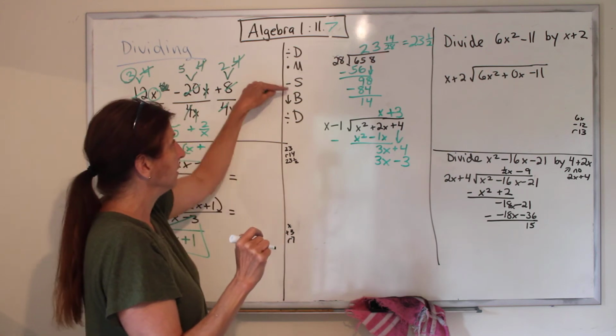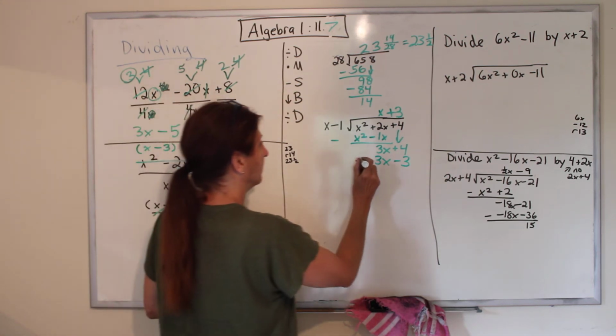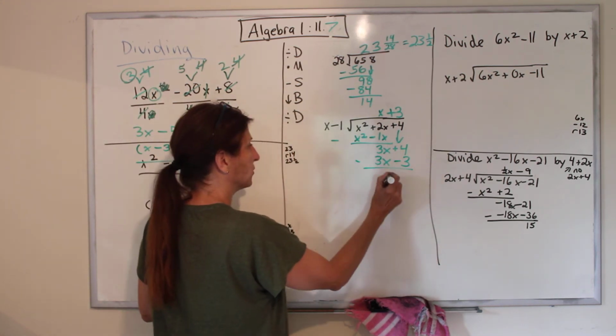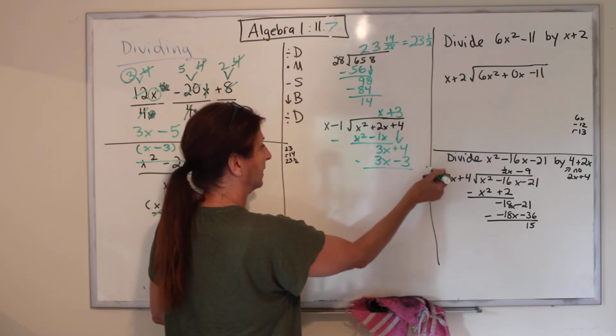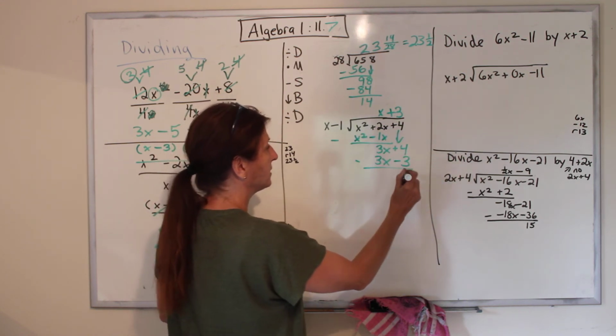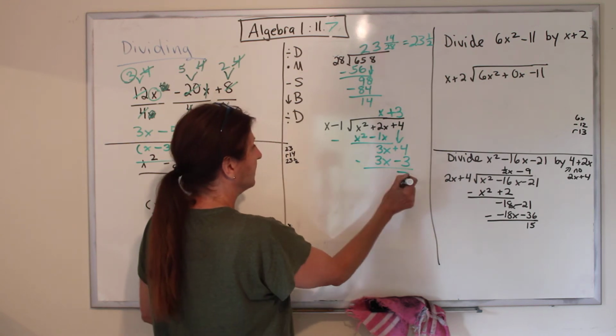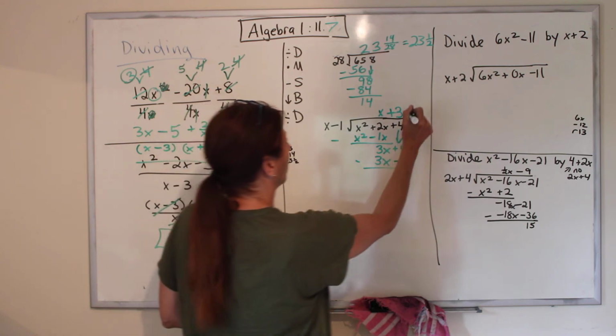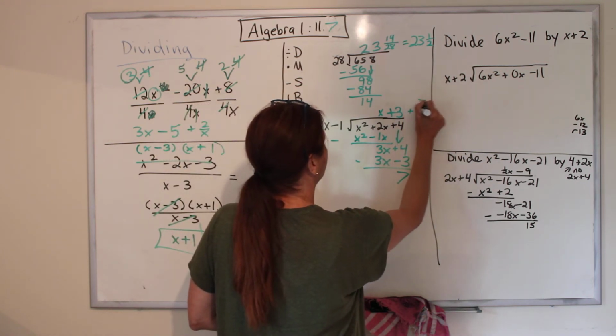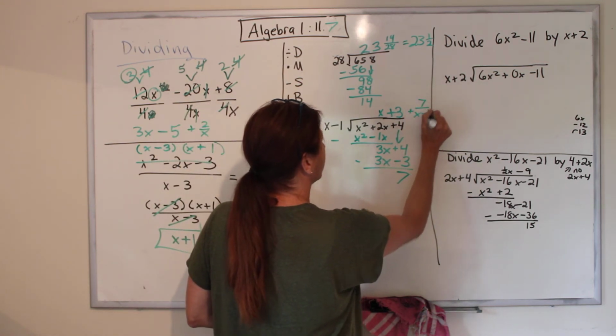Now what do? Sucks. Subtract. 3x minus 3x is 0, but we don't write it down. 4 minus -3 is 4 plus 3, which is 7. 7 is less than all that. That's our remainder. So we can do our remainder plus 7 over x minus 1.